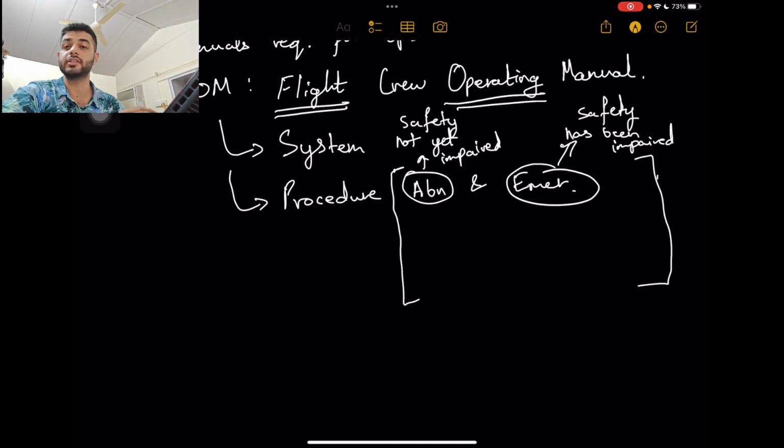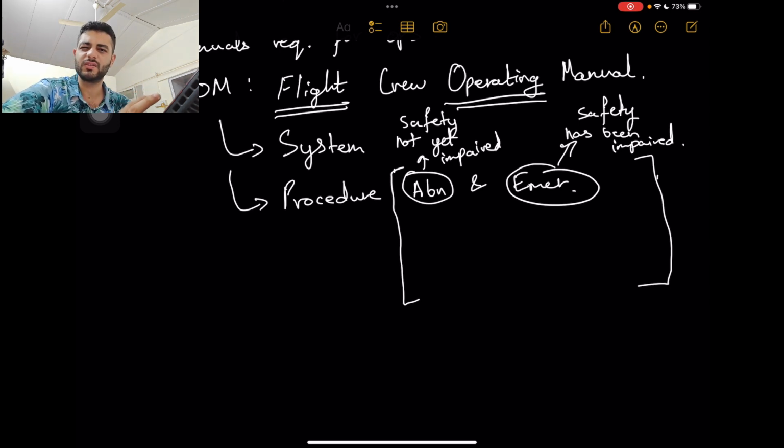Like your emergency ELEC config, you are running on one small little RAT. That RAT is powering a hydraulic system. That hydraulic system is in turn powering its generator, and that's how you're running the aircraft. Actually, all your systems are running, electricals are running through that. That's an emergency problem. Abnormal is like your CPC1 fail.